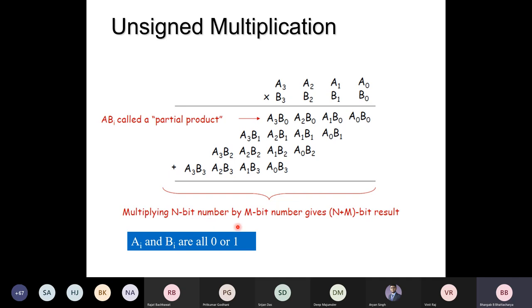And when you multiply an n-bit number by an n-bit number, it gives an n plus n-bit result. So this is the general view of the whole thing, and we now want to map it into hardware.